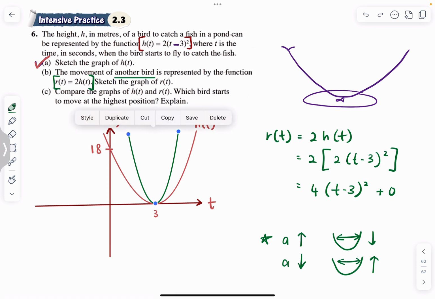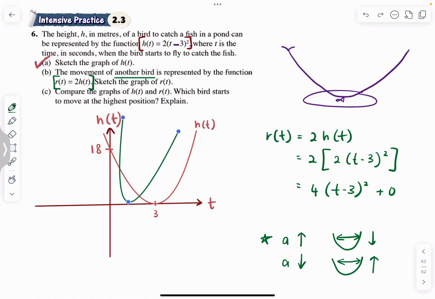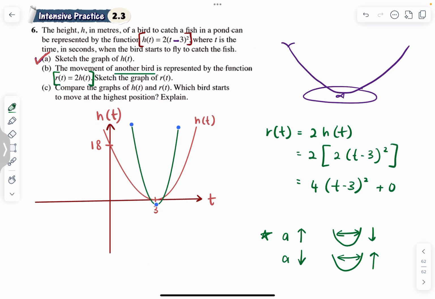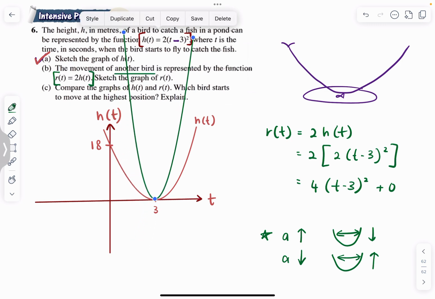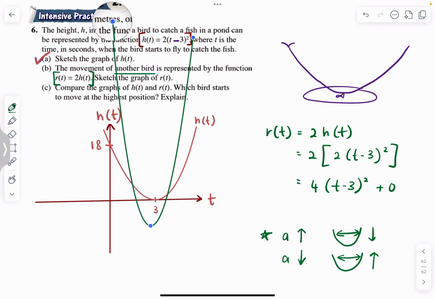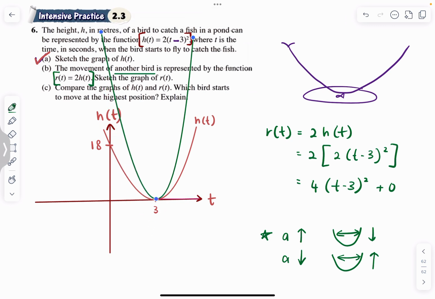Okay, so here for this graph, we need to extend it so that it cuts the y-axis.